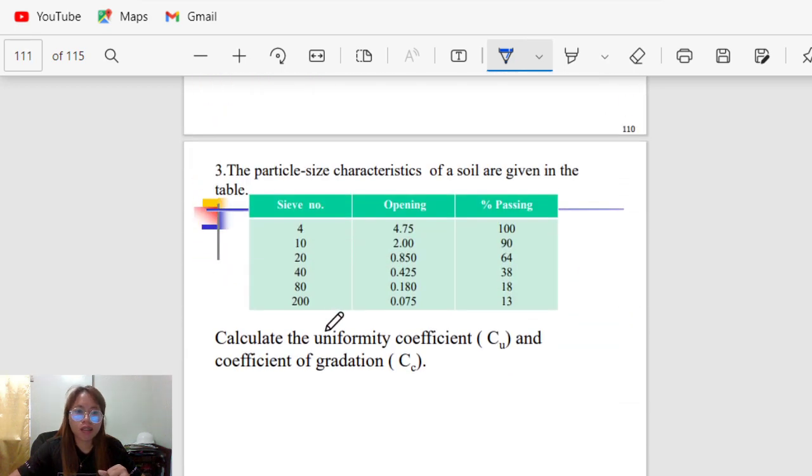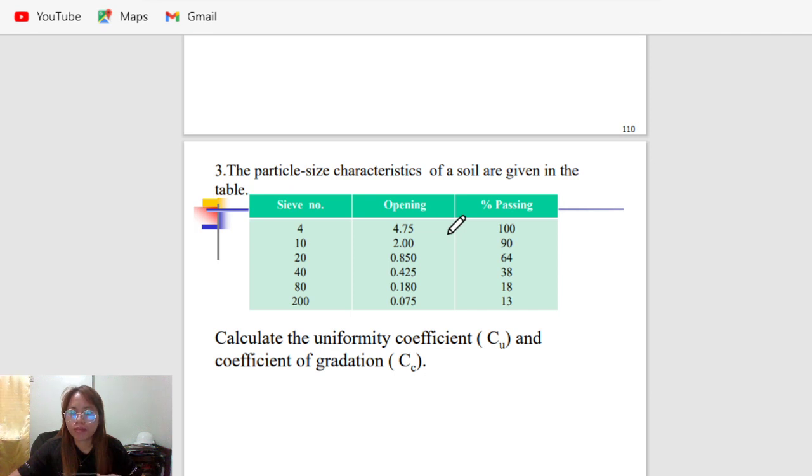And this one, another example: the particle sizes of soil are given in the table with percent passing, no? So we already have percent passing, so automatically we'll create a curve or a gradation of soil.